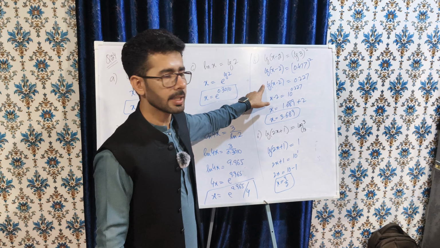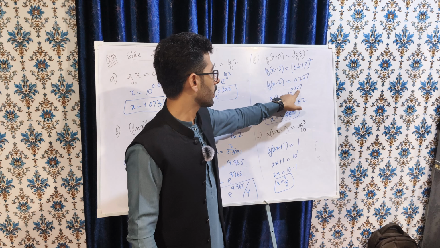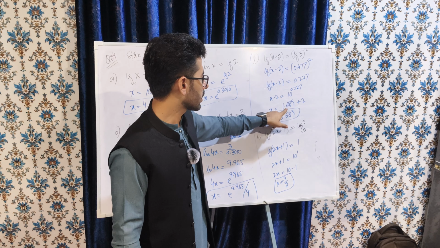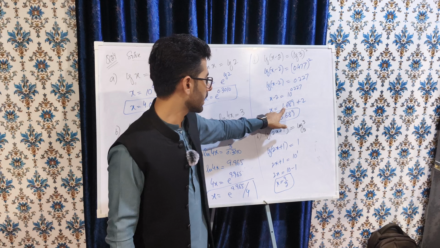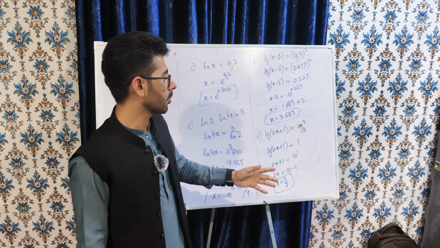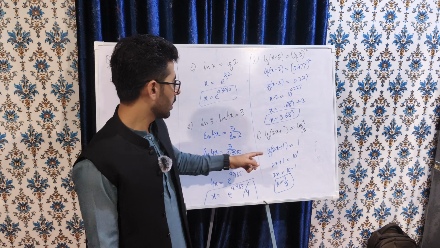Base 10 and lg will get cancelled, so I will have x minus 2 equal to 10 power 0.227. So 10 power 0.227 is 1.689. This minus 2 will go on the right side and become plus 2. So x will be 3.689.